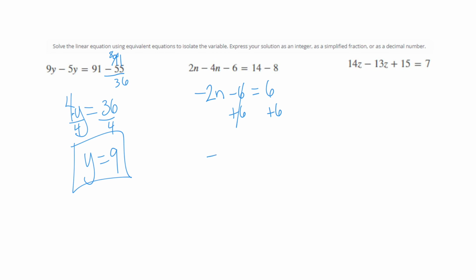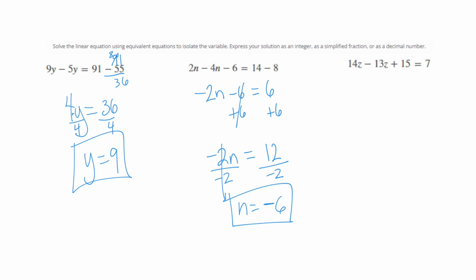So what I'm left with is a negative 2n equals 12. Divide now to get the n by itself. So n is equal to, a positive divided by a negative is a negative, negative 6 in this case.